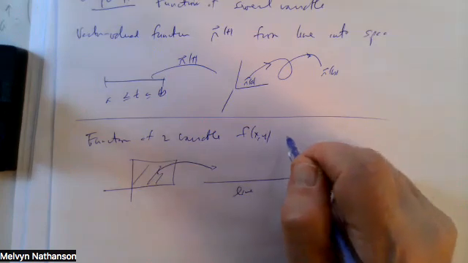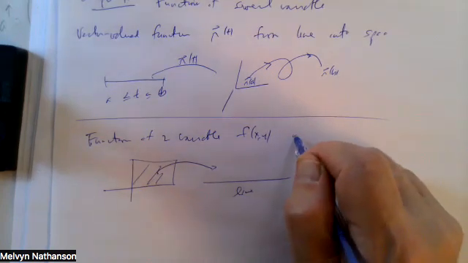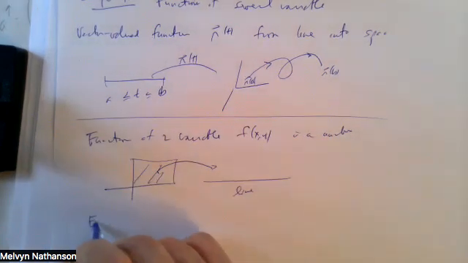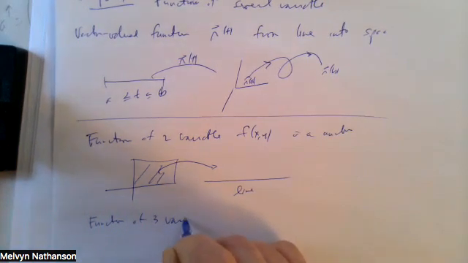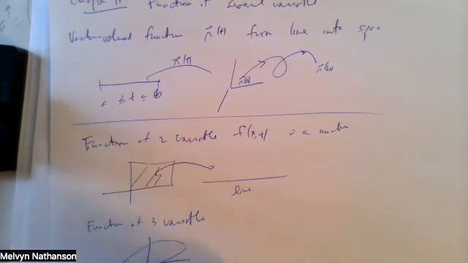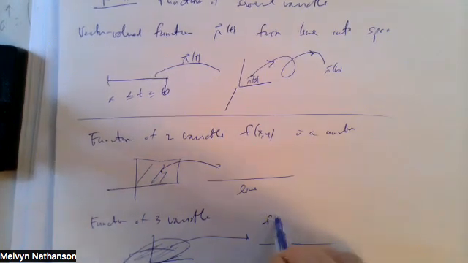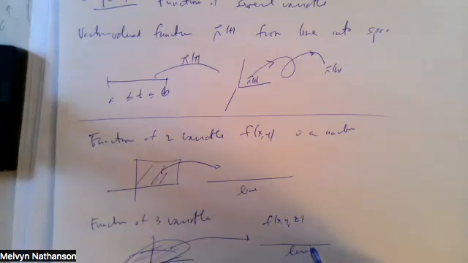So f of x, y is a number, or a function of 3 variables. You have some region of space, and again, you have this function, f of x, y, z now, which gives you a number.